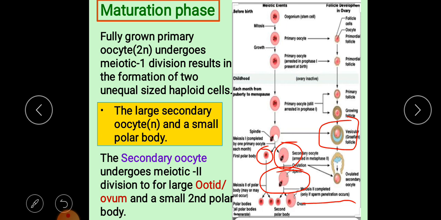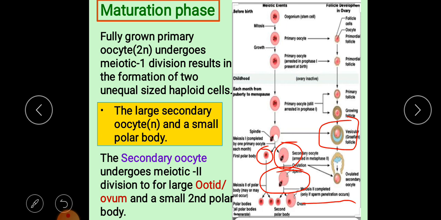One more thing we have to understand: if the first polar body does not degenerate, then it also undergoes meiosis 2 and divides into 2 polar bodies, known as the secondary polar bodies.